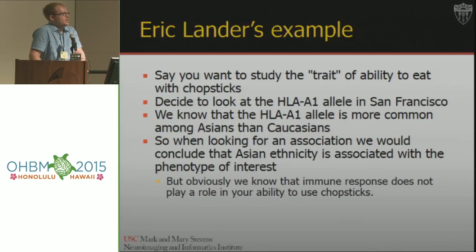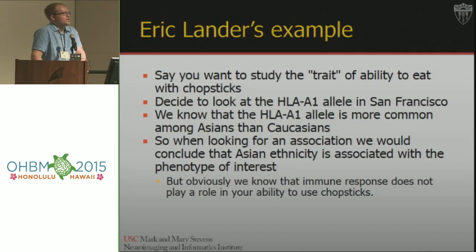So say you want to study a trait, the ability to eat using chopsticks, and you decide to look at the HLA-A1 allele in a population in beautiful San Francisco. And you know ahead of time that the HLA-A1 allele is more common among Asians than it is among Caucasians. So when you do a test, you collect samples from a mixed population of Asian and Caucasian.